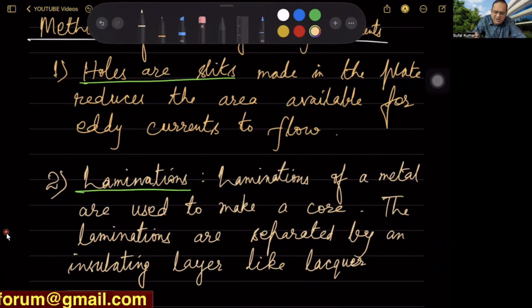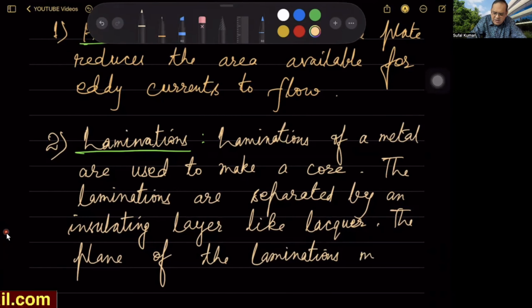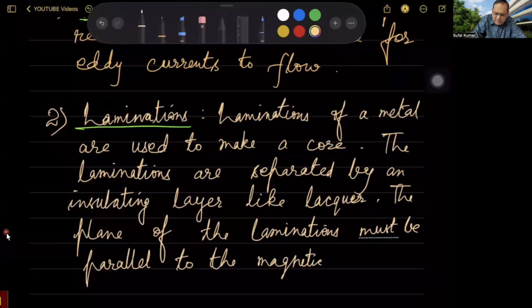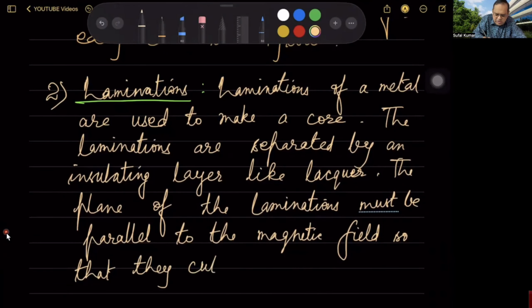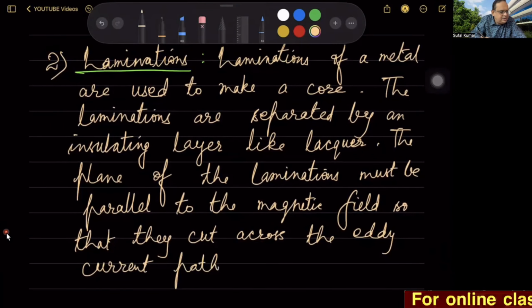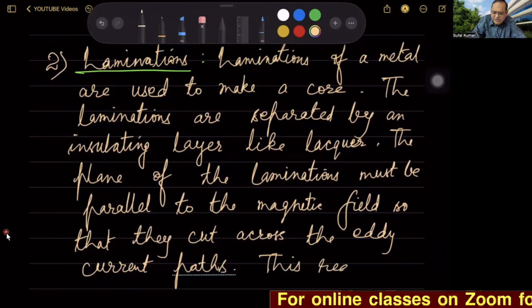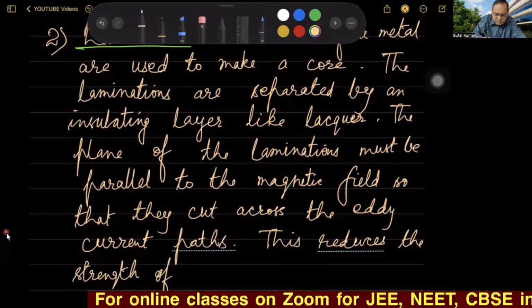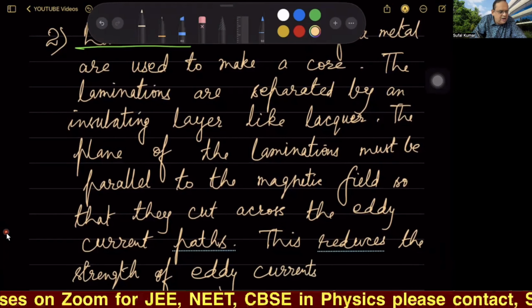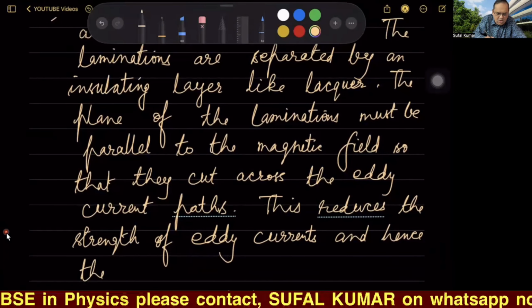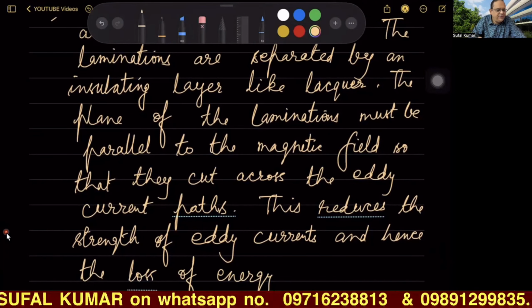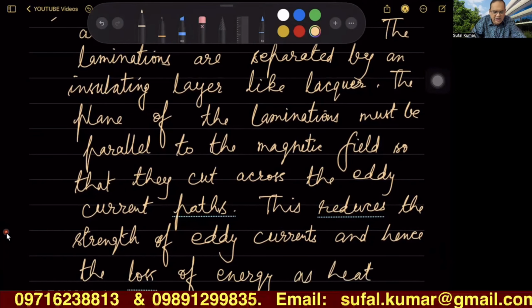The plane of the laminations must be parallel to the magnetic field so that they cut across eddy current paths. This reduces the strength of eddy currents and hence the loss of energy as heat.